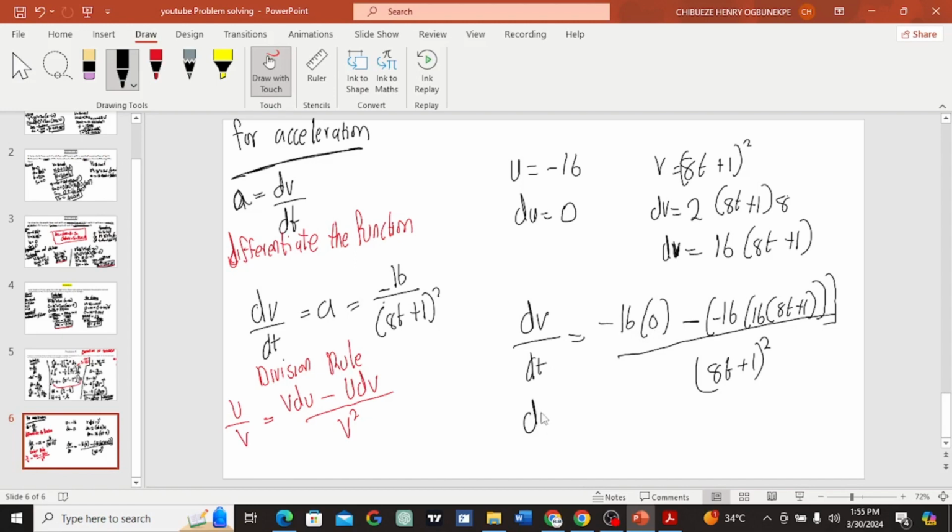So dv over dt equals negative 16 multiplied by 0 is 0.